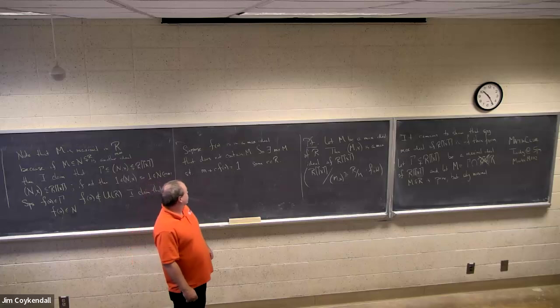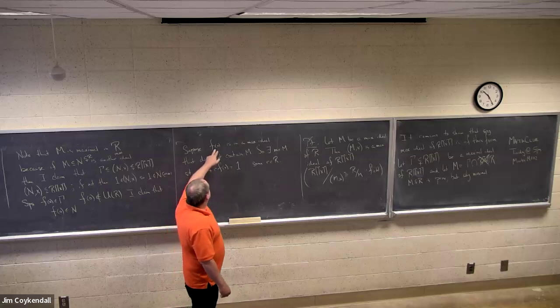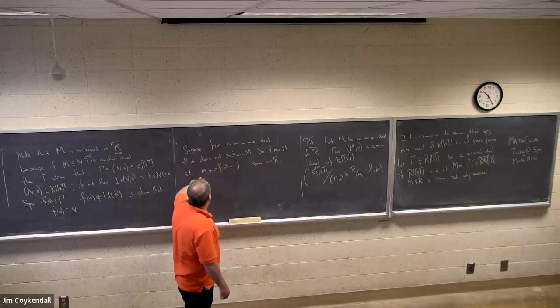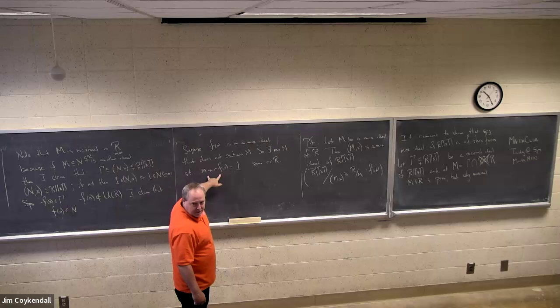So in other words, when you join f of 0 to this ideal m, if they're not contained in some maximal ideal, then they must be co-maximal. Everybody okay with that?